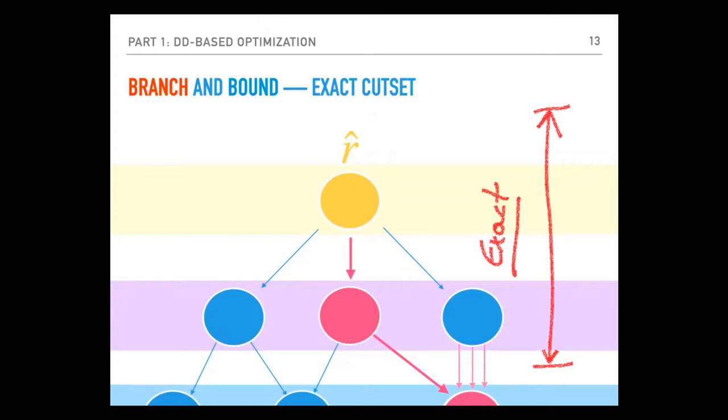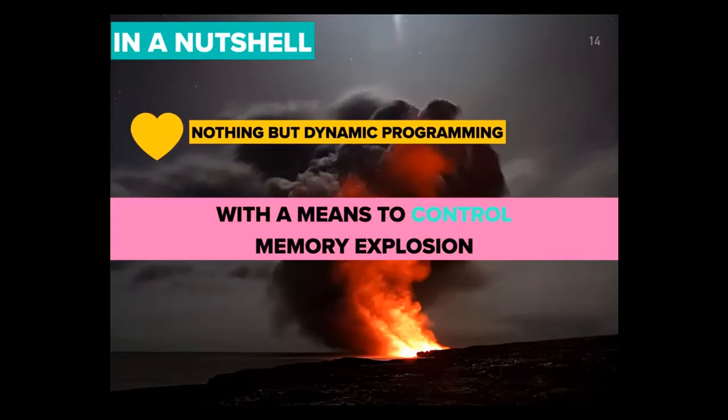So this framework proposes to use what is called an exact cut set of nodes. That is a set of nodes which are all exact, in which all paths from the root to the node only go through exact nodes, so nodes that haven't been merged or deleted, and to use them as a way to enumerate the subproblems that remain to explore. But we'll come to that a bit later.